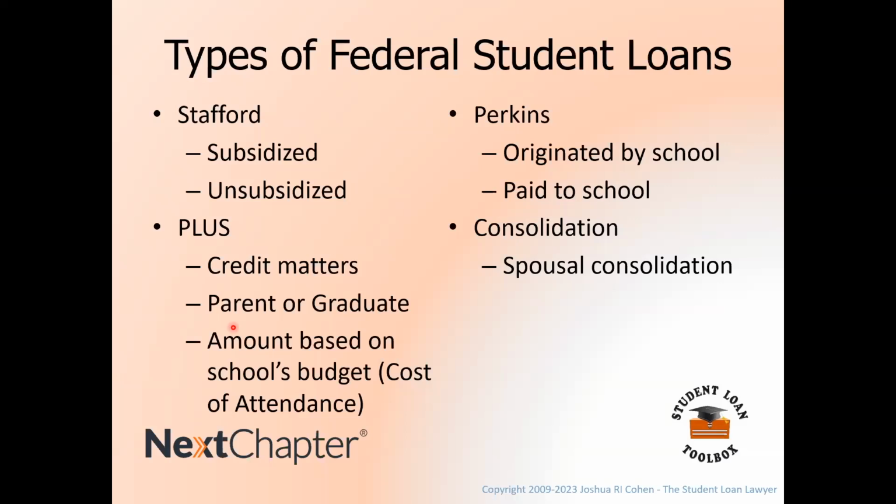If it was for undergraduate, and we know it's not a parent plus loan, guess what it is? It's a private loan. The only way the student and parent can be on the loan together is either a private loan or a graduate plus loan, because as a graduate, the parent can be on it. But a graduate plus loan is for the student, and the parent might be the endorser or cosigner. Plus loans are very easy to get rid of.